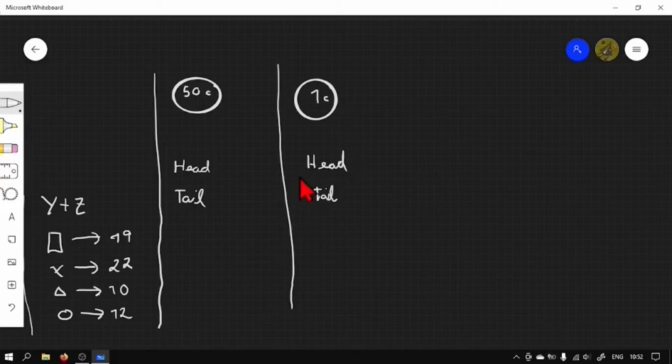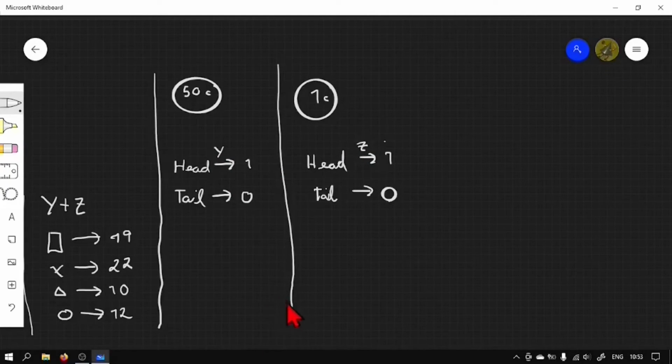They are different coins. So these are, a priori, different experiments. For head, I will put 1, and for tail, I will put 0. For head, I will put 1, and for tail, I will put 0. A priori, I cannot sum these two random variables because they are from two different experiments.